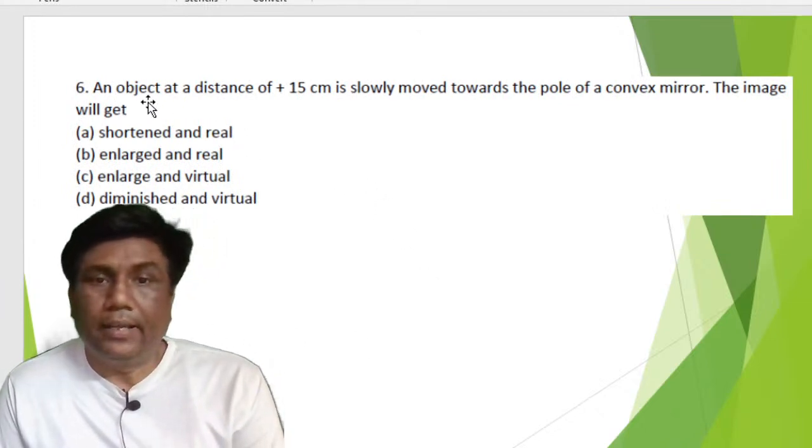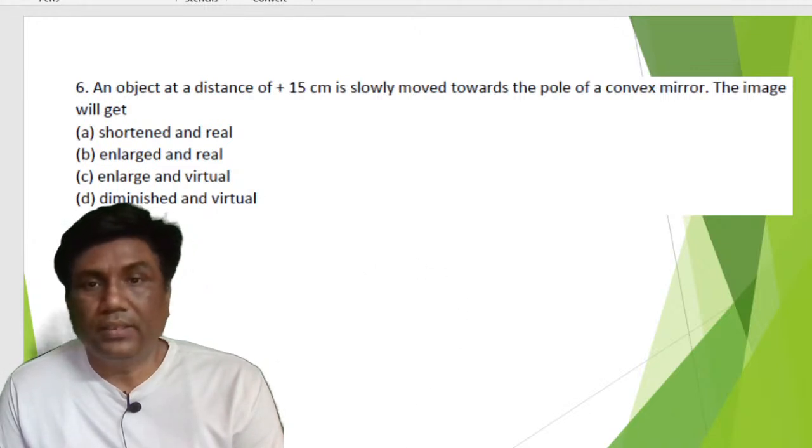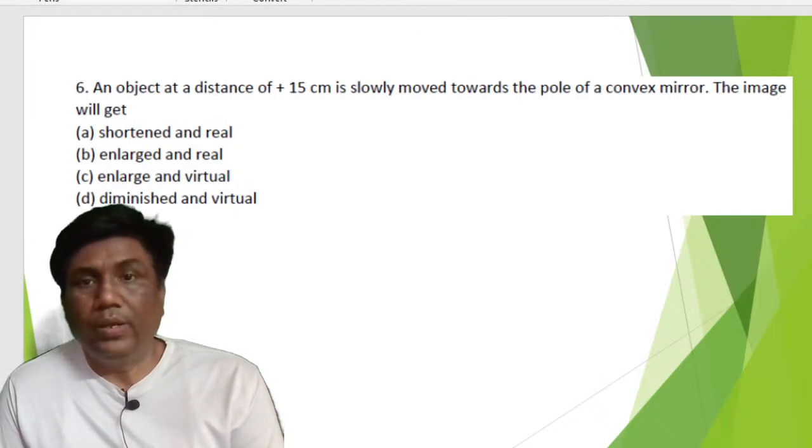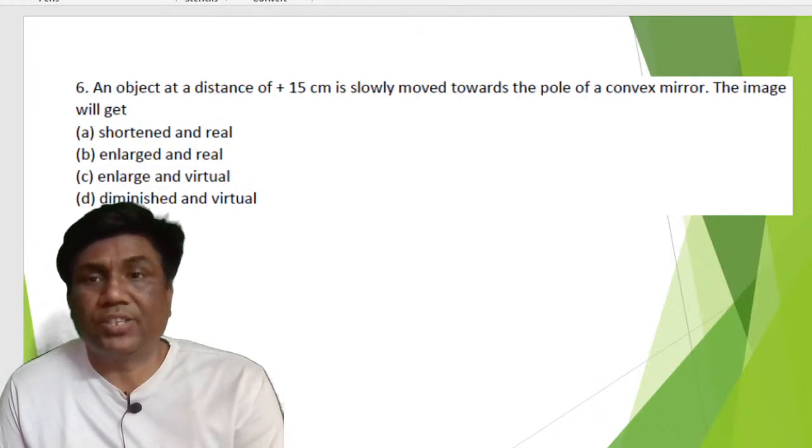Now, an object at a distance of 15 centimeter is slowly moved towards the pole of a convex mirror.